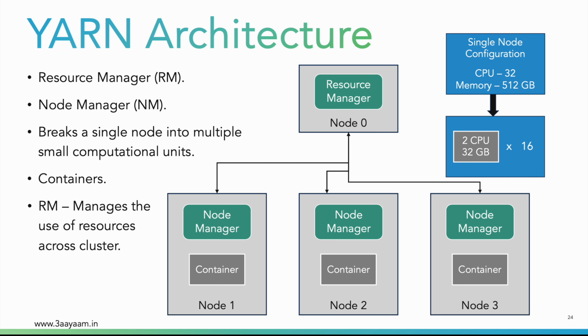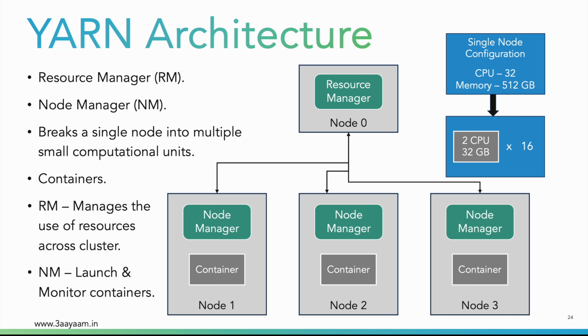Now, if you talk about resource manager, it manages the use of resources across clusters, and node manager launches and monitors these containers. These are the purposes of resource manager and node manager of Yarn at a very high level.